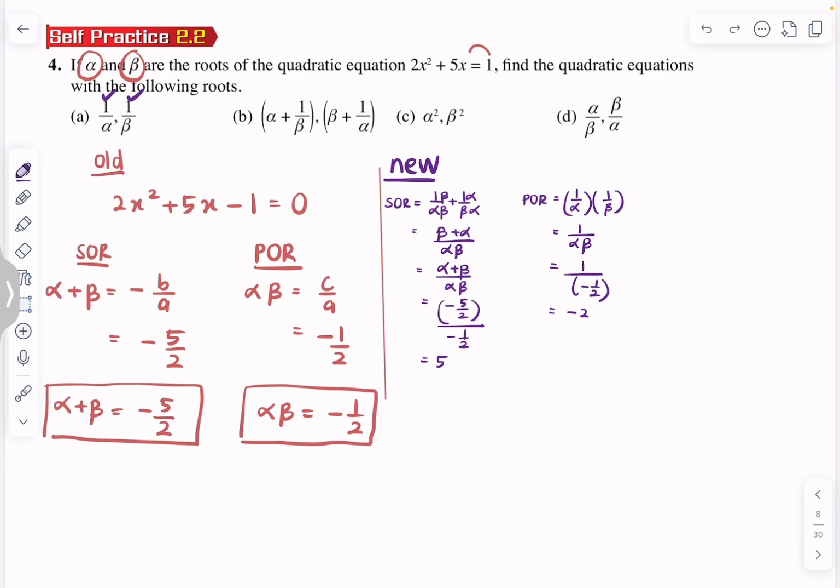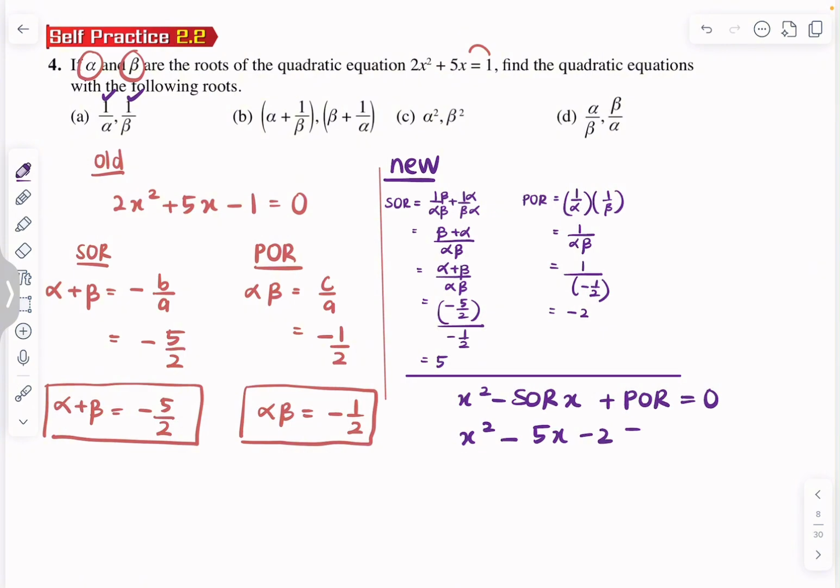Okay, so our new equation will be x squared minus (sum of roots)x plus (product of roots) equals 0. We know our sum of roots is this, product of roots is this. You can just put it into the equation: x squared minus 5x plus negative 2, which becomes minus 2, equals 0. This is the answer. Done.